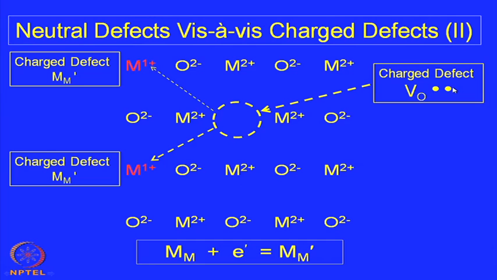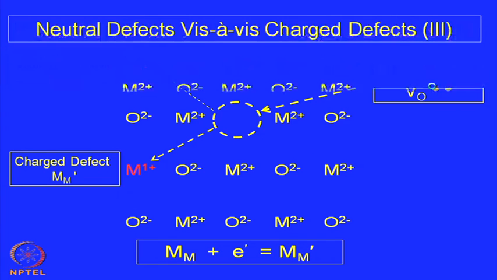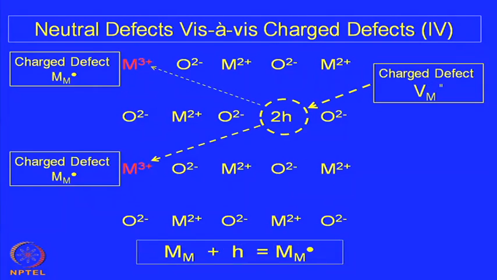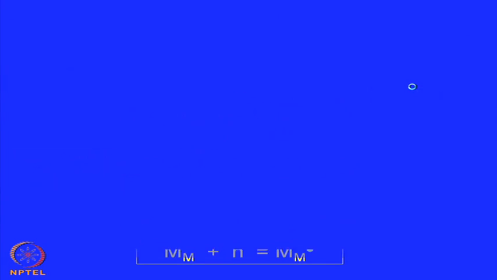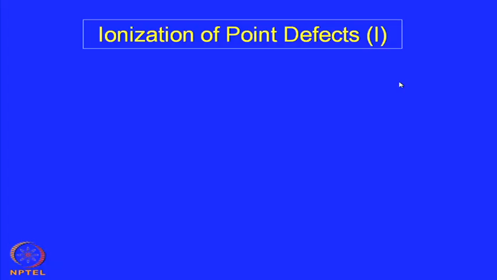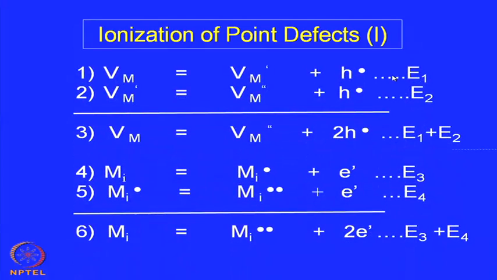Oxygen vacancy was 2 effective positive charges, whereas here it is 2 negative charges. Now, it does not necessarily mean that all the time it will be doubly charged at once, or it may get doubly charged through a stepwise process, and that is what is written here.